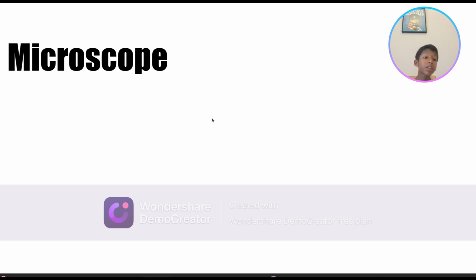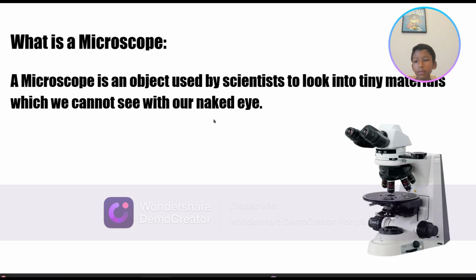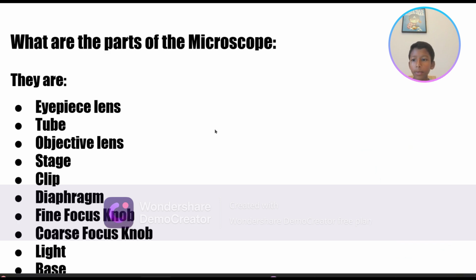Microscope, the best part of the day. What is a microscope? A microscope is an instrument used by a scientist to look at small, tiny materials which we cannot see with our naked eye. What are the parts of the microscope?